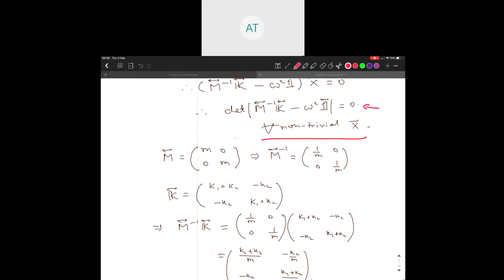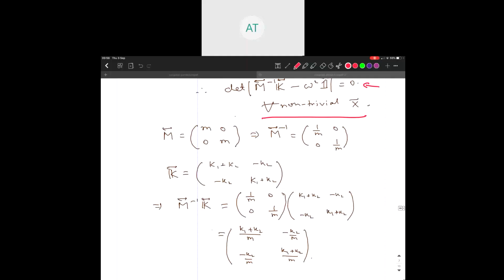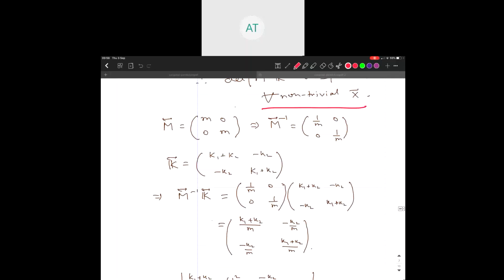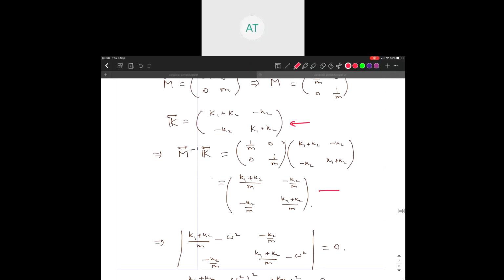That is basically something from Cayley-Hamilton's theorem, so we will get a chance to see that later on. Here I am just trying to show you the strength of these kinds of methods in physics. K matrix was already known to be this quantity, so M inverse K becomes a quantity like this, right?